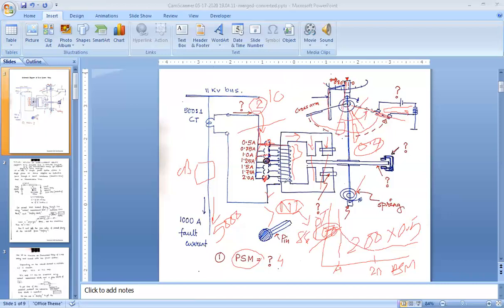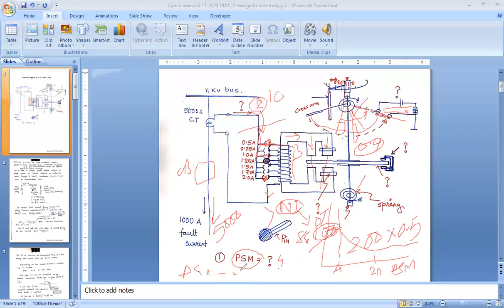And the plug has been set at 2 ampere. So it is 10 divided by 2. So what is the plug setting multiplier? PSM is equal to 10 divided by 2, that is 5. 5 is the PSM.